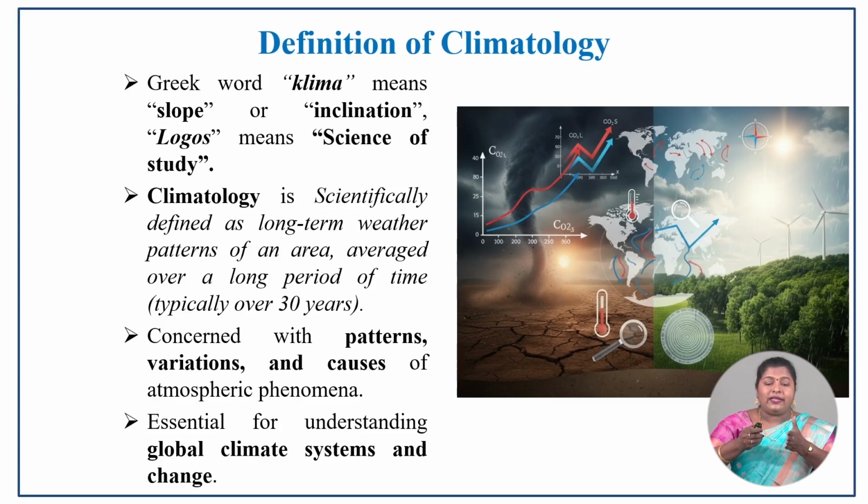It is the average of the temperature, not for a single day or single month or one year, but over a long period of time. How long is the period? Over 30 years of data is considered and analyzed for the climate, and that, studied in a scientific way, is known as climatology.